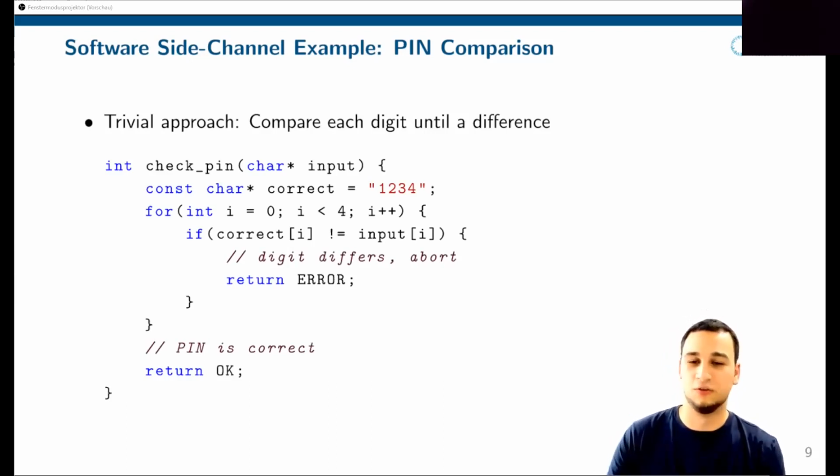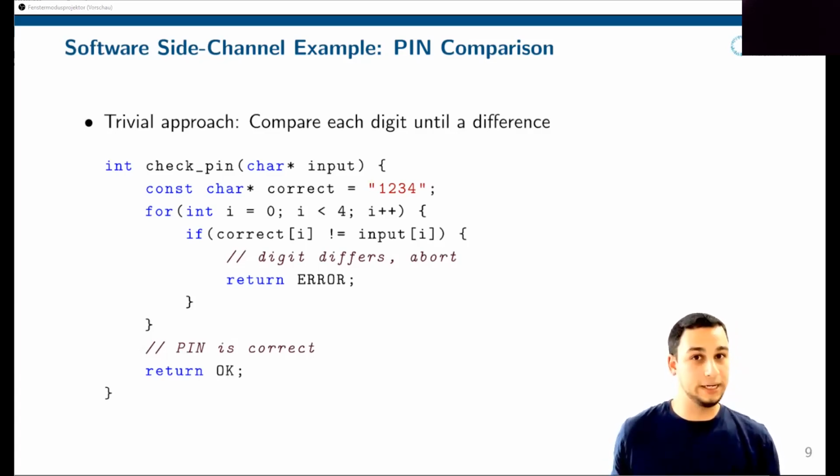If you are in your first semester of your studies, if you start programming, then you might write something like this check pin function. It has the correct pin in there, 1, 2, 3, 4. And then a user can input some pin, also a string. And then it goes digit by digit and compares that. And as soon as one digit doesn't match anymore from the user pin and the correct one, then we can already abort, right?